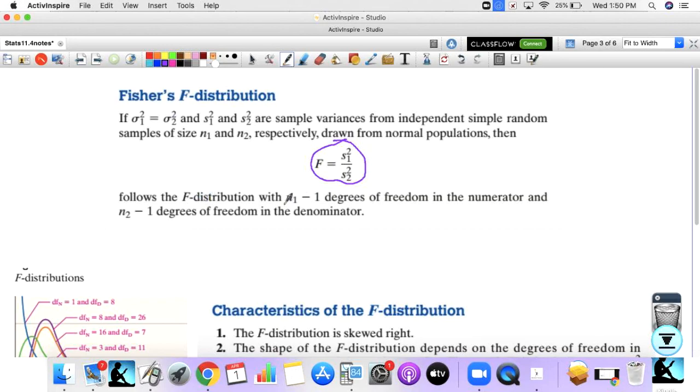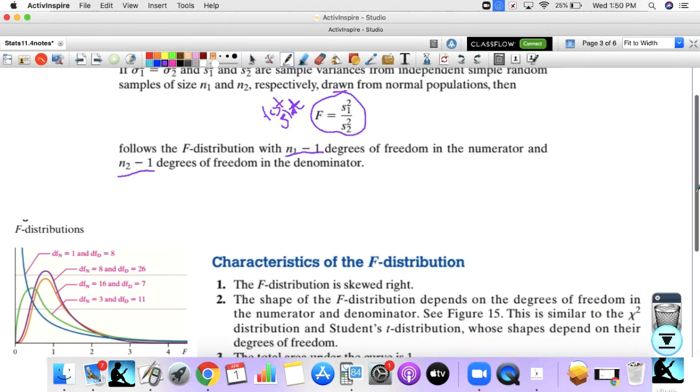You do need to be able to identify your degrees of freedom for the numerator and your degrees of freedom for the denominator, okay? Because those are going to be part of how we find our critical value moving forward when we're dealing with our F distribution. So here, this is our test statistic, our F score, and it's just a proportion between our two variances.